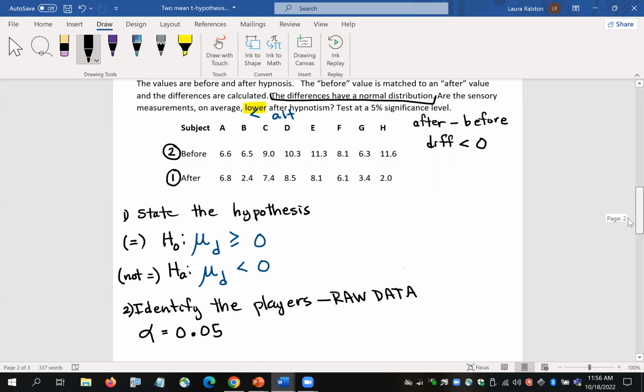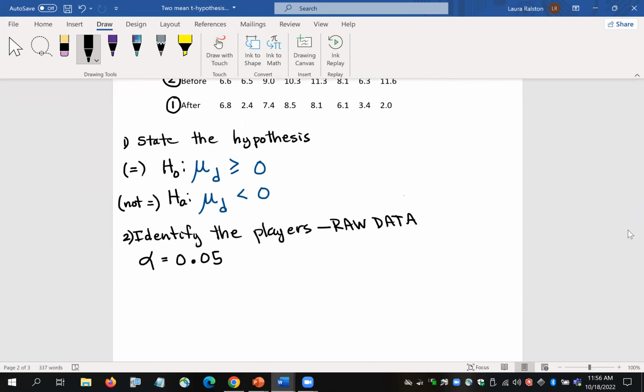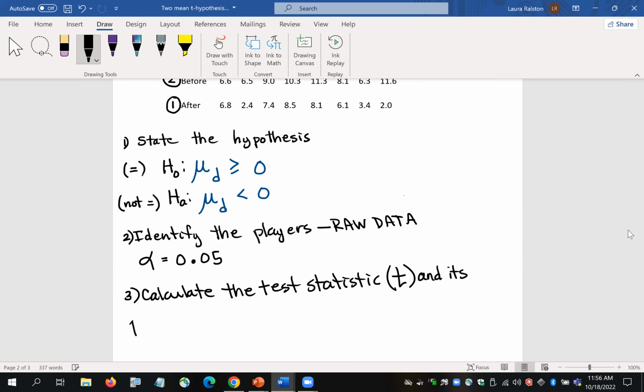Step 3 hasn't changed: calculate the test statistic, which again in this problem is going to be a t, and its p-value.